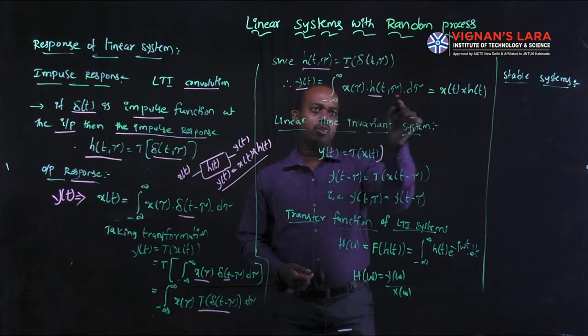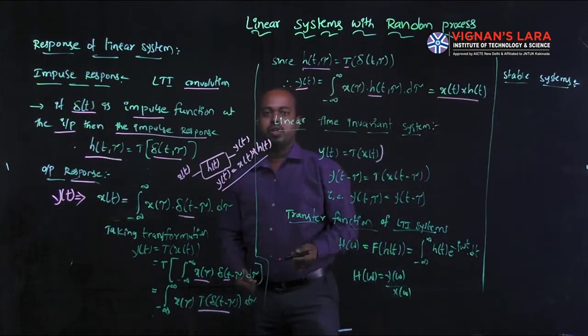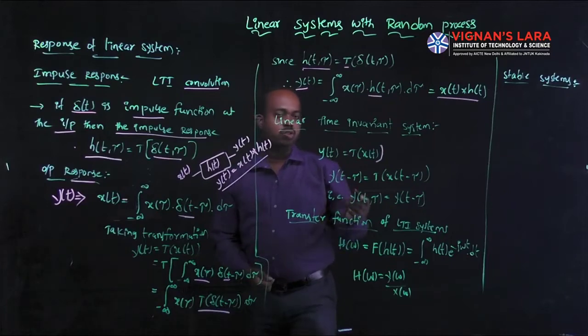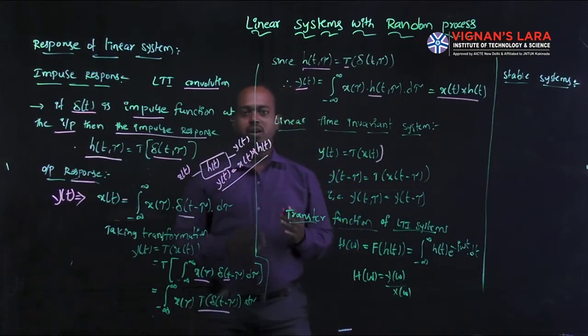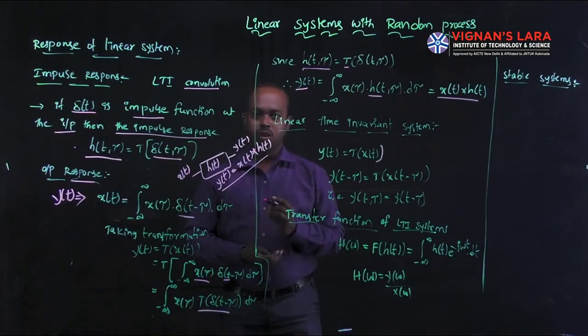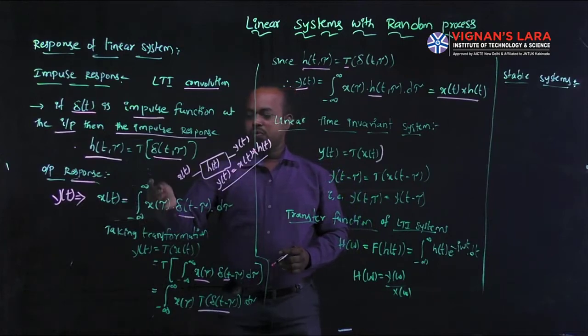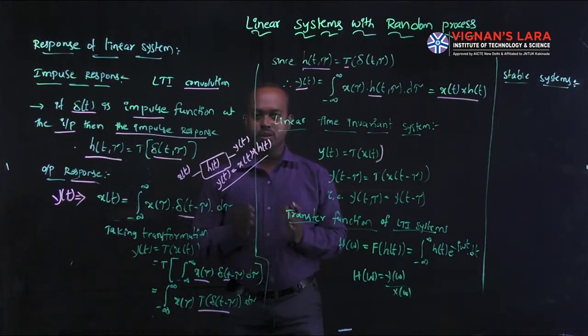Now we can write the system response in terms of the system function. This entire function can be written in shorter notation as the convolution between x(t) and h(t). We consider the input signal multiplied with the impulse function, so I take the integral from minus infinity to plus infinity of x(tau) delta(t minus tau) d tau. In that function, I apply the transformation based on the system function.